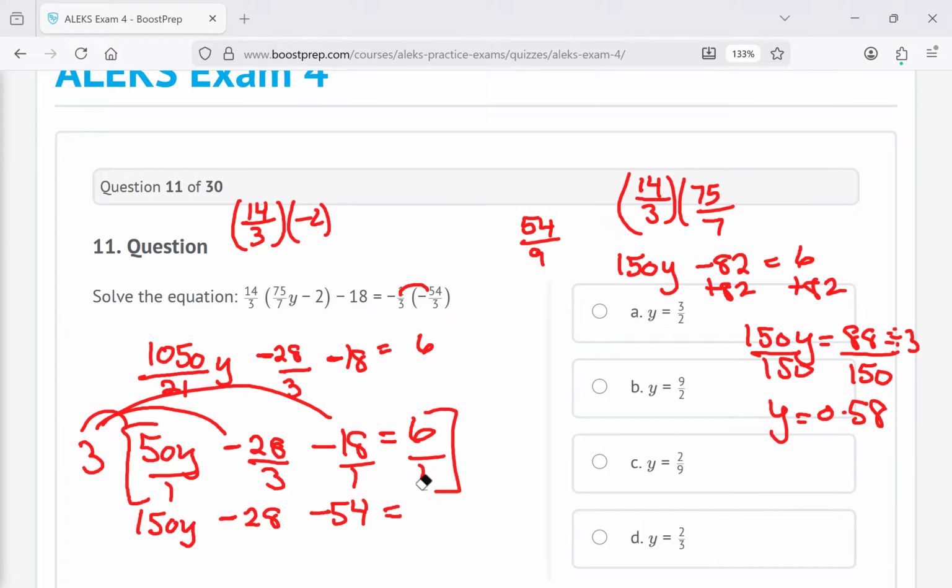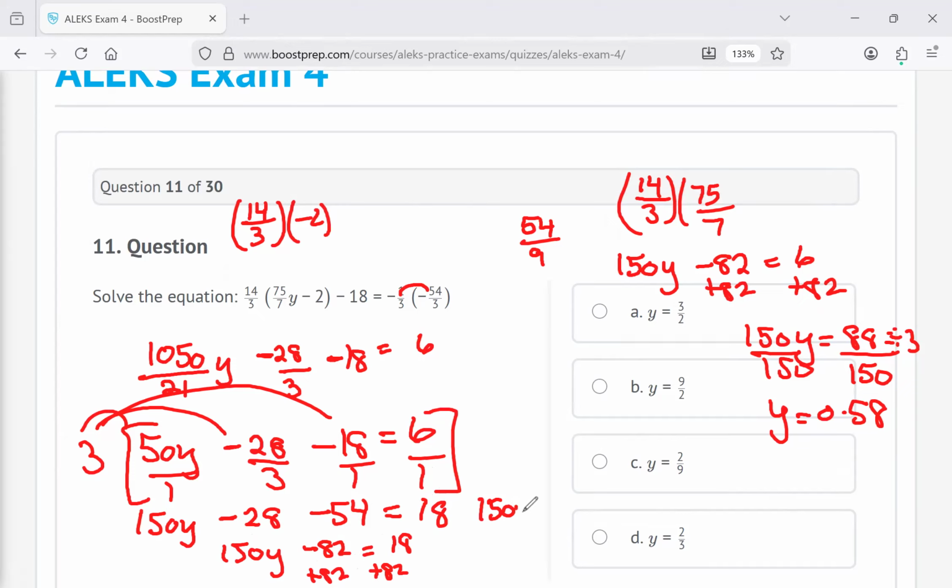Ugh, wow, it's so easy to make a mistake. Okay, now that changes everything. So we have 150y, -28, -54 is -82 equals 18. Add 82 to both sides.